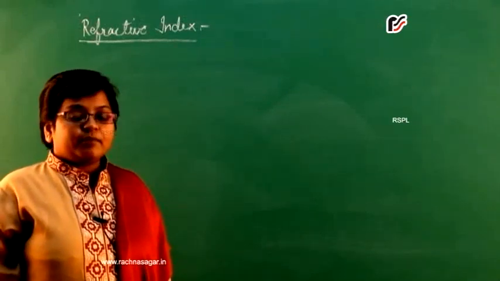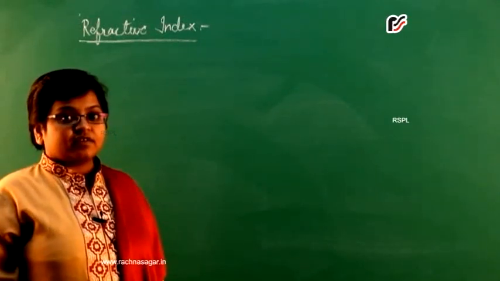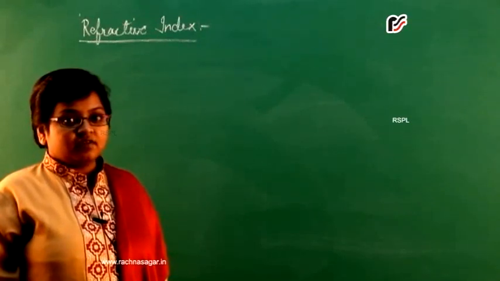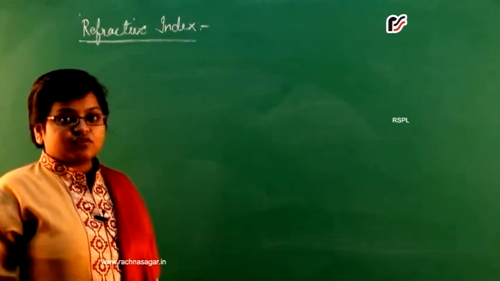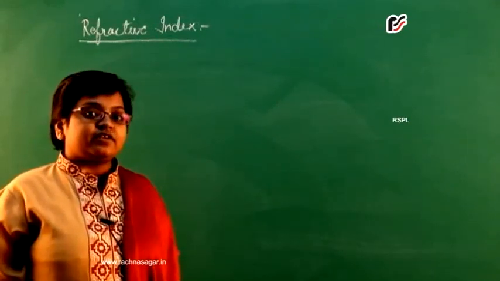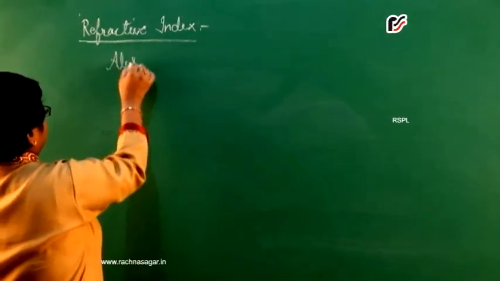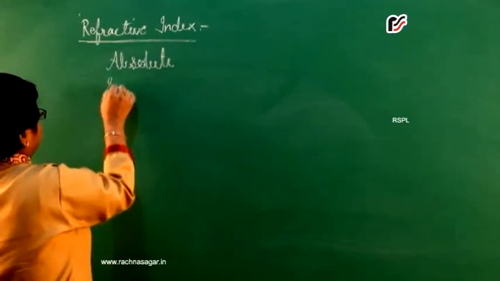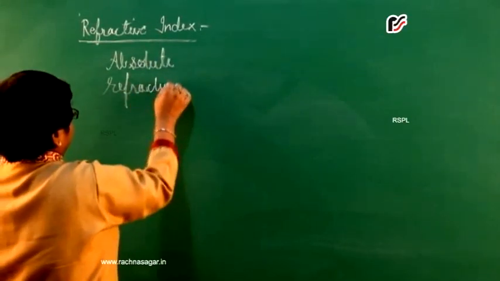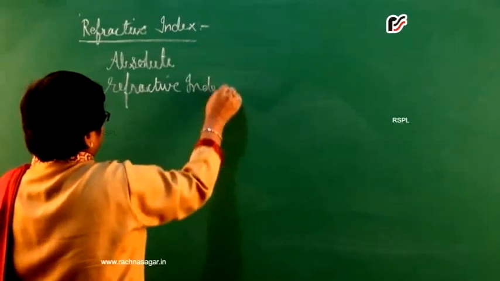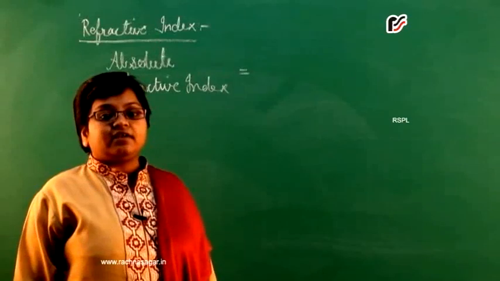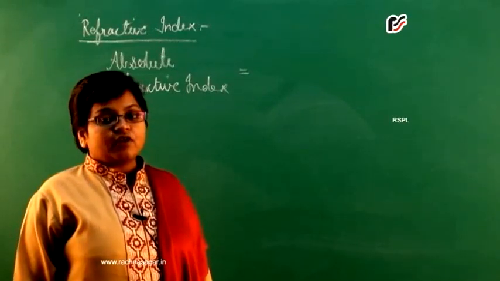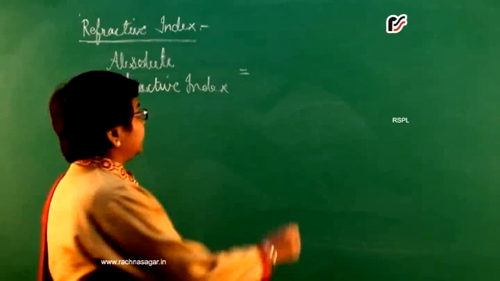Now we move on to a very important topic based on refraction, that is refractive index. What exactly is the refractive index? The refractive index basically depends on the optical density of the medium. Here, absolute refractive index is the ratio of speed of light in vacuum to the speed of light in that medium.